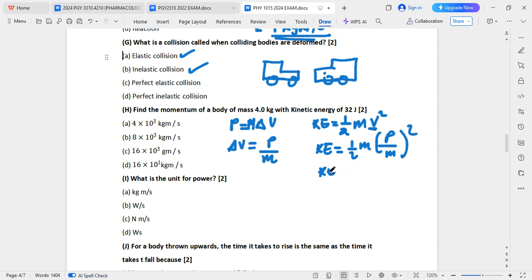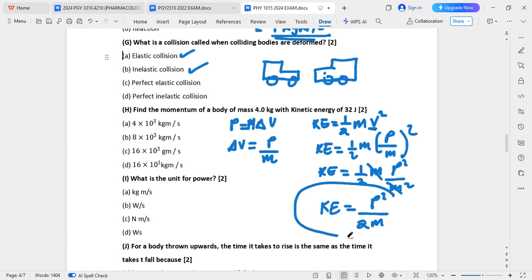This will give us kinetic energy being equal to half mass times momentum squared over mass squared. You see, one m will cancel with one m. That gives that kinetic energy is equal to, on top we have got momentum squared, down we have got 2 and we have got m. So this is the equation that relates kinetic energy to momentum.